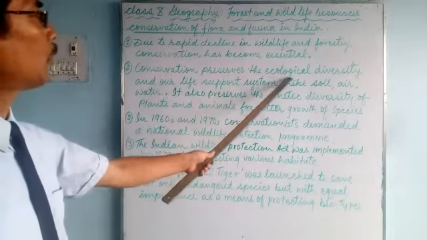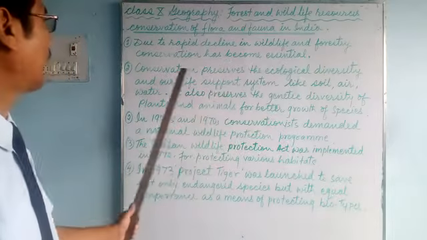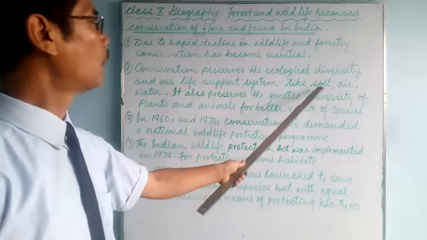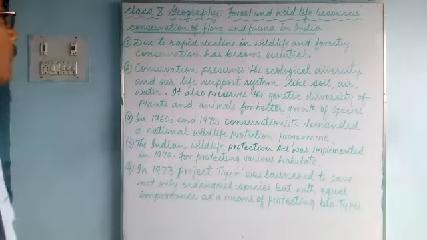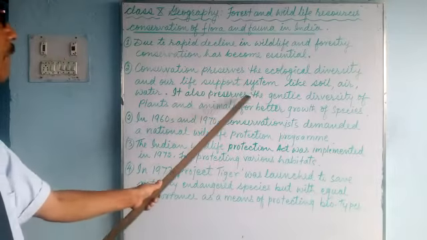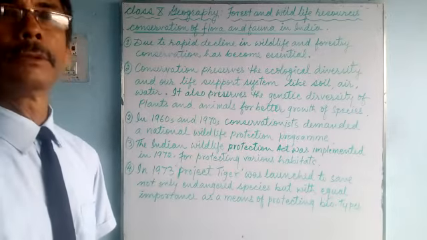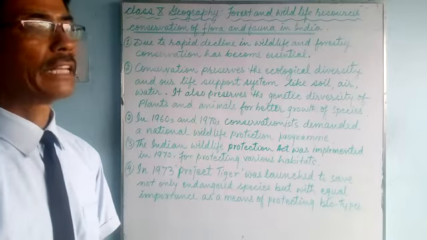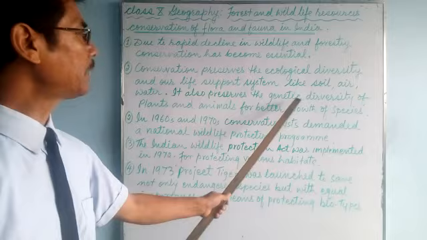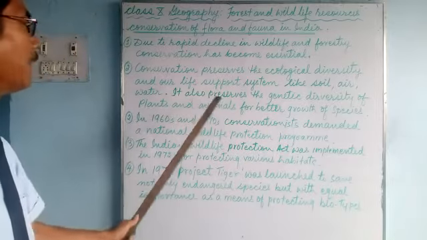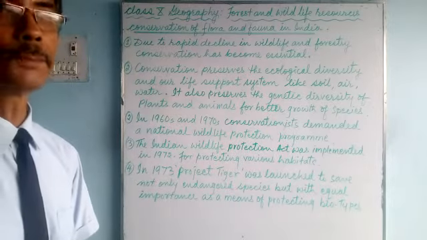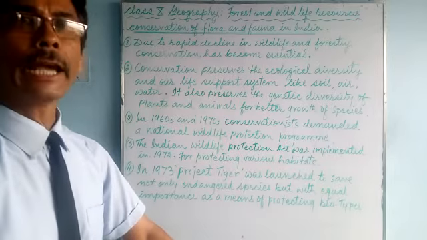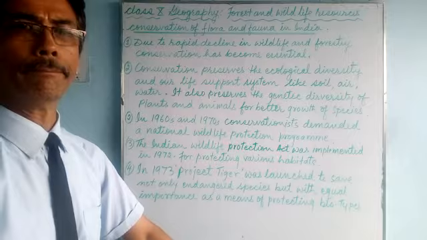You see that conservation preserves the ecological diversity and our life support systems such as air, water, soil. It also preserves the genetic diversity. Conservation also preserves, saves, maintains the genetic diversity of plants and animals for better growth of species. So we need to conserve them.